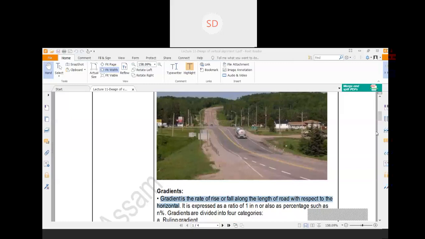Sir, what is the difference between gradient and camber? Camber is also the cross-section camber. See, gradient is when you consider the vertical profile. Suppose you are going in the straight direction. There are some undulations over the length of the road. That is gradient.